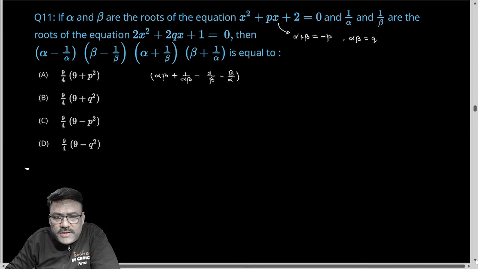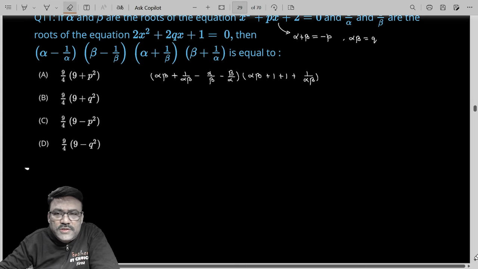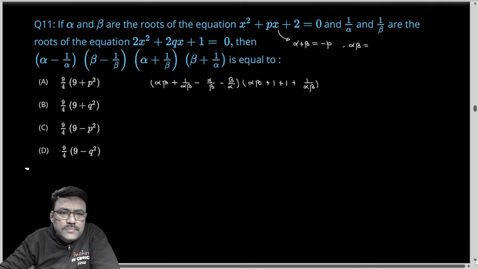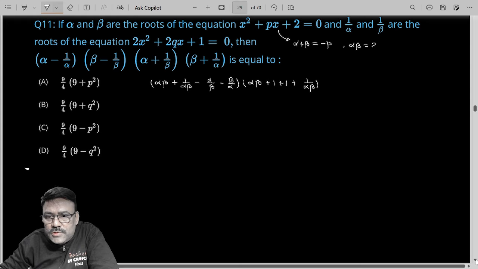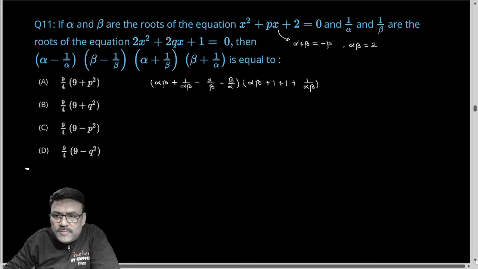And when you multiply the next two, you are getting alpha beta plus 1 plus 1 plus 1 by alpha beta. Now just put the values of alpha beta here. Alpha beta is in fact 2. Why have I written q? Alpha beta is 2 actually here. Sum of roots is minus p, product of roots is 2. So just put alpha beta equal to 2 here. So you are getting 2 plus 1 by 2.